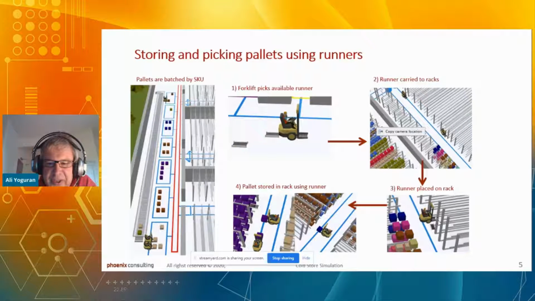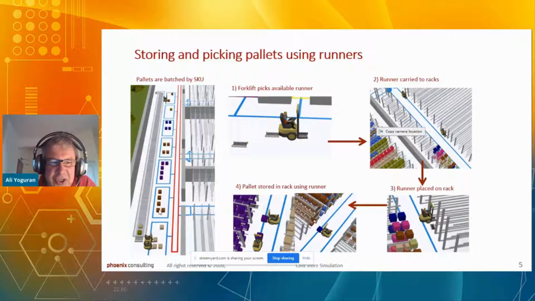Once you put this runner here, you would like to store at least, I don't know, 5, 6, 10 pallets there. Then you take the runner from this rack, you carry it somewhere else, and you keep feeding the rack using the runner.